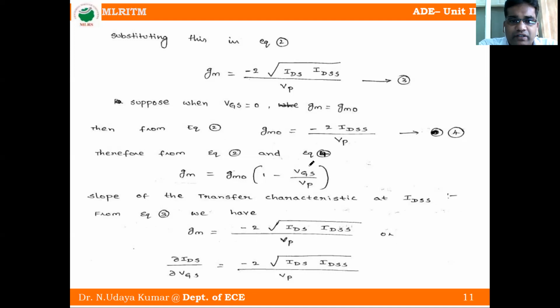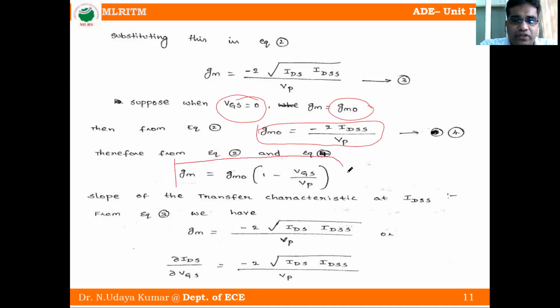Now when VGS, the gate voltage, is equal to 0, the transconductance is GMO, which is −2 IDSS/VP. So from equation 4, we can write GM = GMO × (1 − VGS/VP).